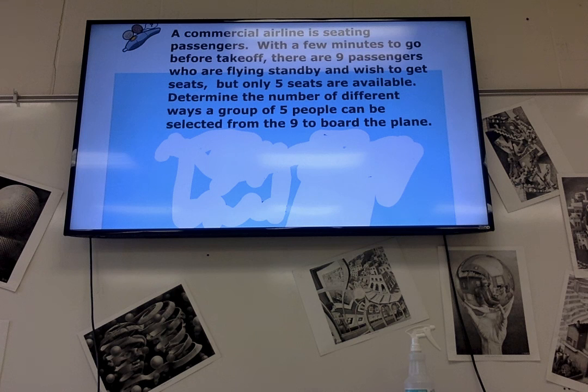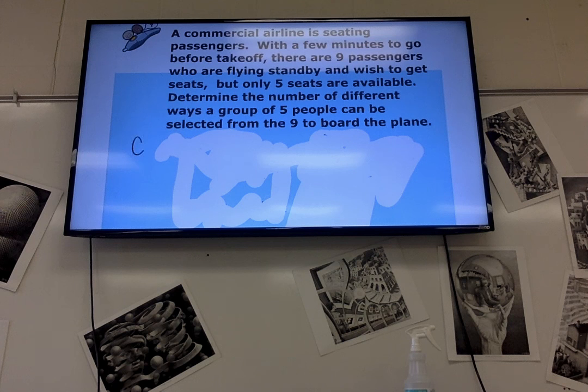So 5 people didn't show up, so there's 5 available seats, and there's 9 passengers, and we're supposed to determine the number of different ways a group of 5 people can be selected from the 9 to board the plane.